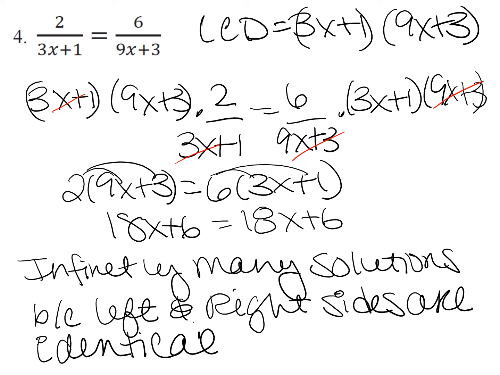If you think about it, if you were to plug in any number for x, like say plug in 1, 18 times 1, that's 18, plus 6 is 24. If I do the same on this, I'm going to get 24. Doesn't matter what number you plug in for x, it's always going to be the same.